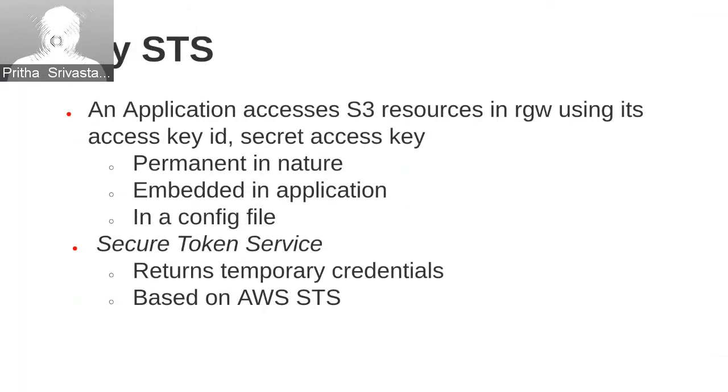And if they get compromised, then it can be a problem. On the other hand, STS or Secure Token Service is a feature in RGW that returns temporary credentials to the user, which automatically expire after some time. And this feature is based on AWS STS.